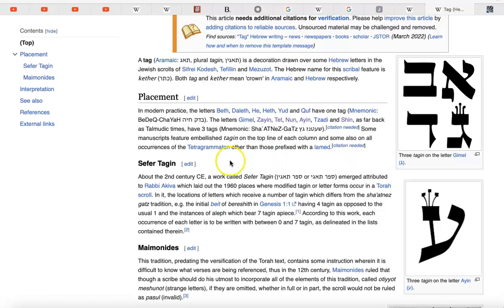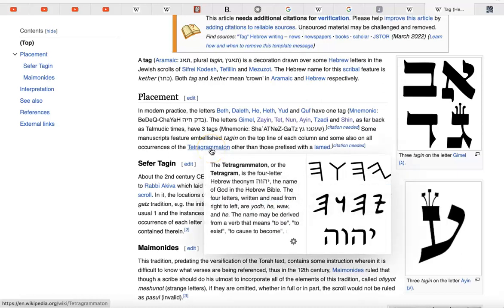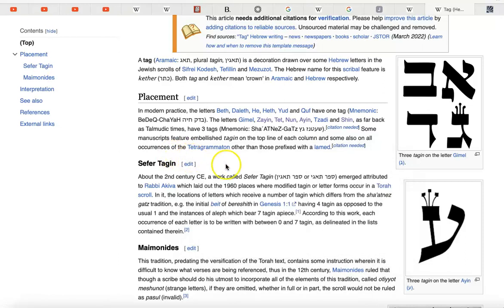Okay, this is a lot of information, and all of this stuff leads to something else. You can look up all of these letters, specifically these 7 that have the 3 tags on them. The tetragrammaton is, I guess, the abbreviation of the word for the God of the Old Testament.